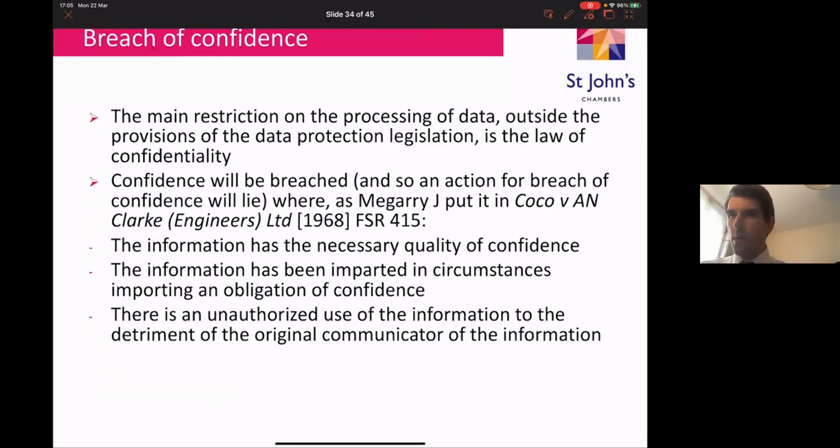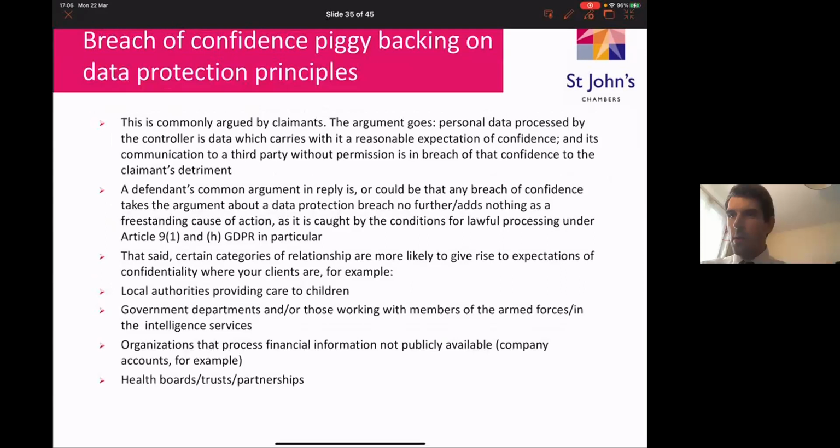Confidence is breached where, and you'll see the three criteria there that Mr. Justice Megarry laid down in the Coco v A.N. Clark case: the information has the necessary quality of confidence; it's been imparted in circumstances importing an obligation of confidence; and there's an unauthorized use of the information to the detriment of the original communicator of the information. So the burden is on the claimant to establish all of those things. Now, why is that important?